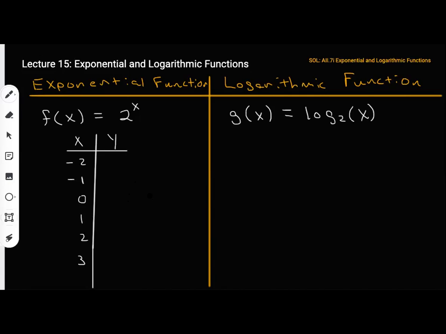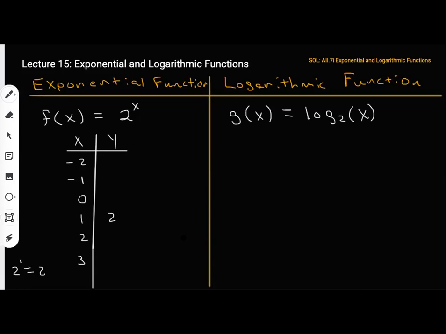Okay. So with those x values, what we want to do is we want to plug every single one of those in for x and see what we get. So if we plug in a 1, we get 2 to the 1 power, which is just 2. So next to this 1, I'm going to put a 2.